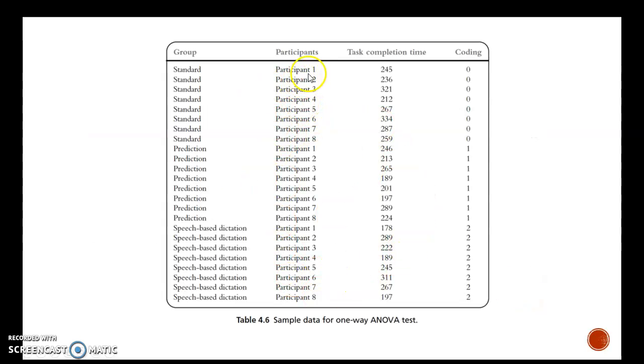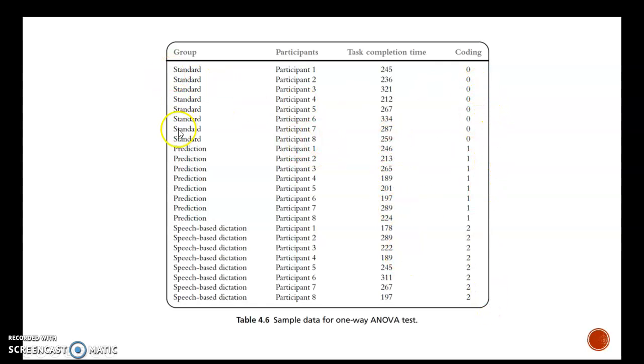So participants 1, 2, 3, 4, 6. We have 8 participants doing standard entering, and then the next group of participants doing it with production software, and the next group doing speech-based dictation, to compare the completion time and see if there is any significant difference.